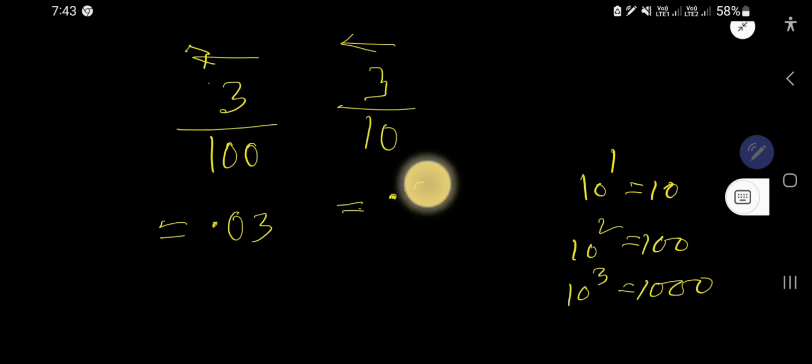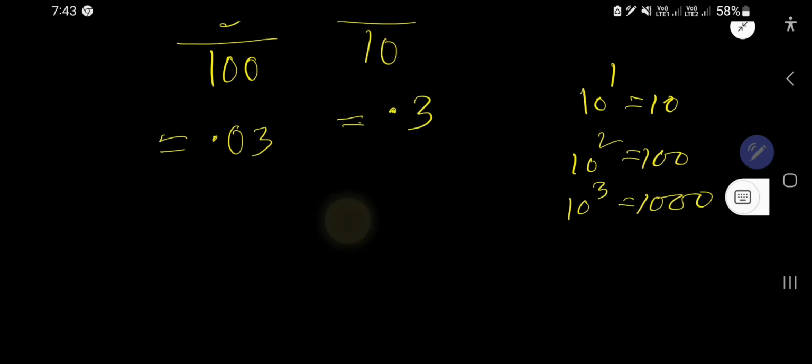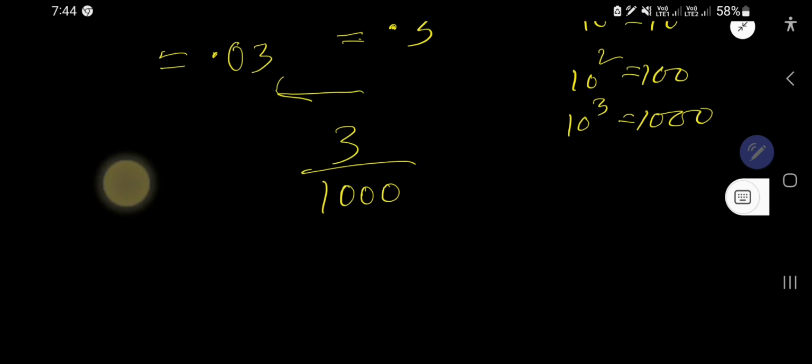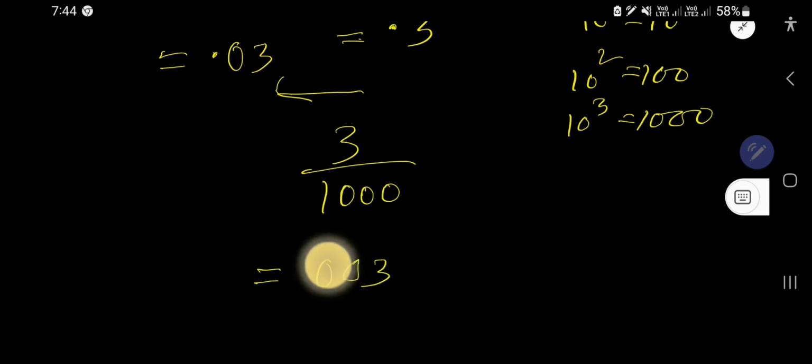So 0.3, right? If you have 3 over 1000, then the decimal point will move 3 digits to the left. So you have to take placeholders 0, 1, 2, 3. So this is the decimal form.